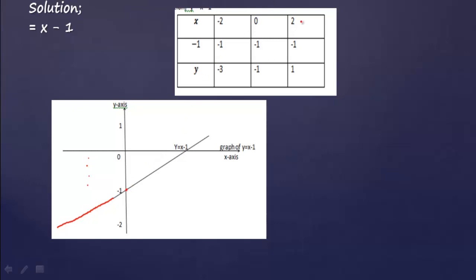And then when x is 2, y is equal to 1. That's why you get 1 when x is 2. So if this one drops, you will now know y is equals to 1. That is what you get.